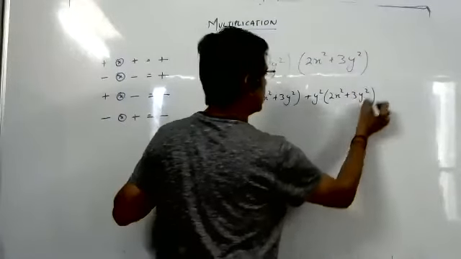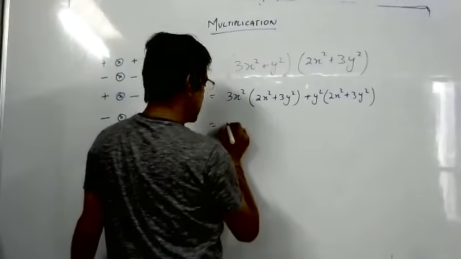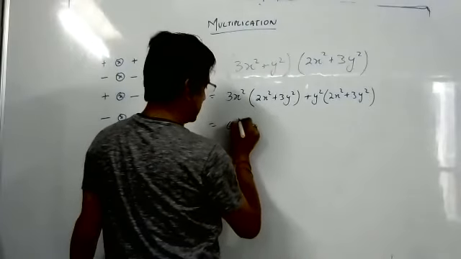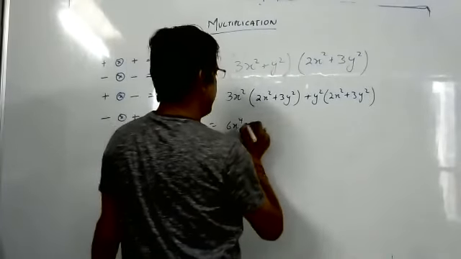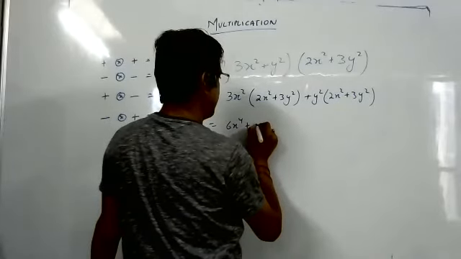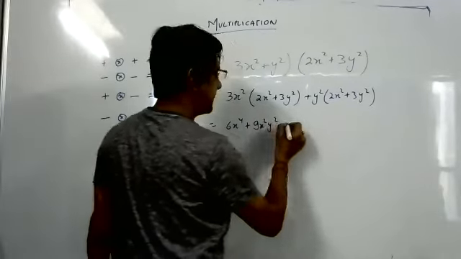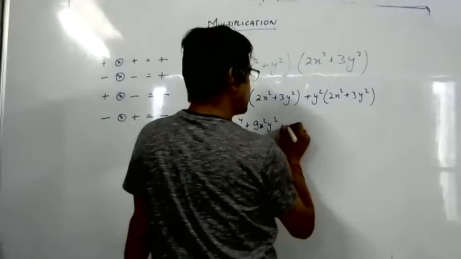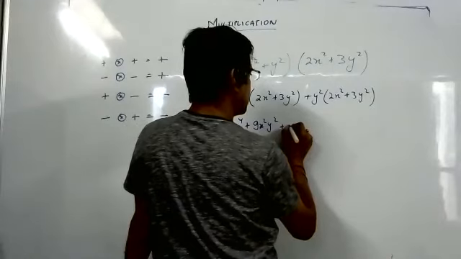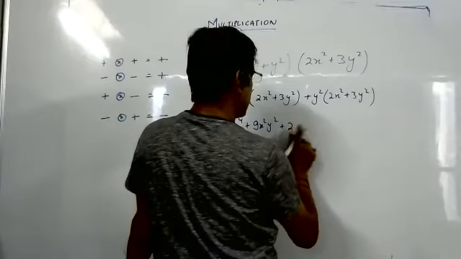Now, 3x square into 2x square is equal to 6x to the power 4. Okay. Plus 3x square into 3y square is equal to 9x square y square. Okay. Plus y square into 2x square is equal to 2y square x square. Okay.